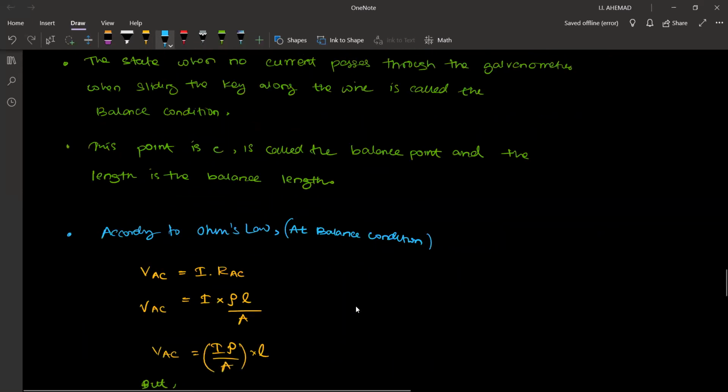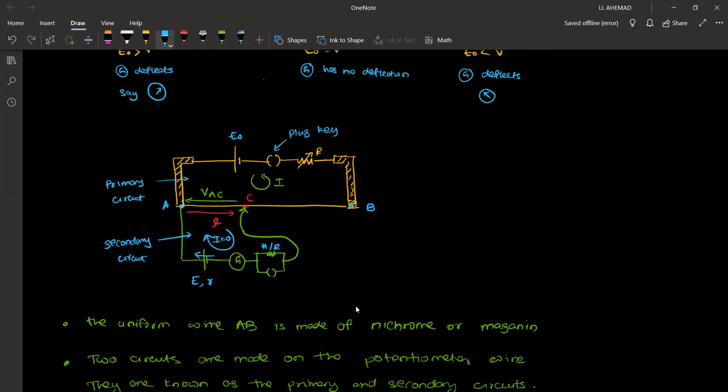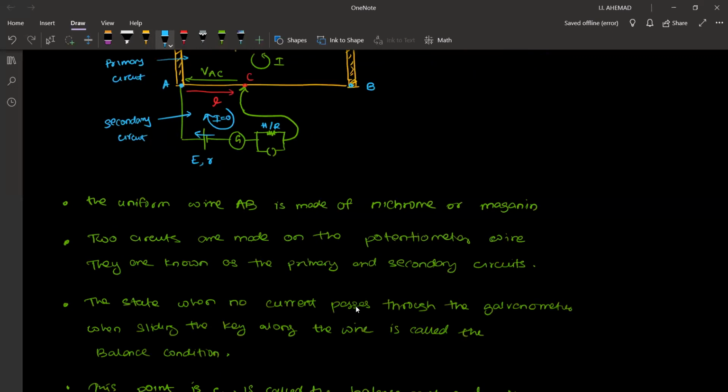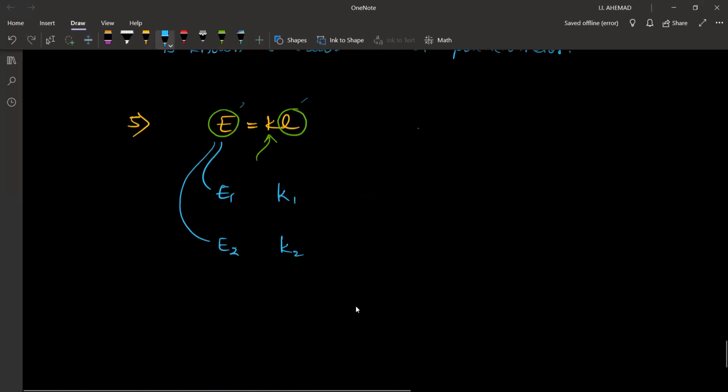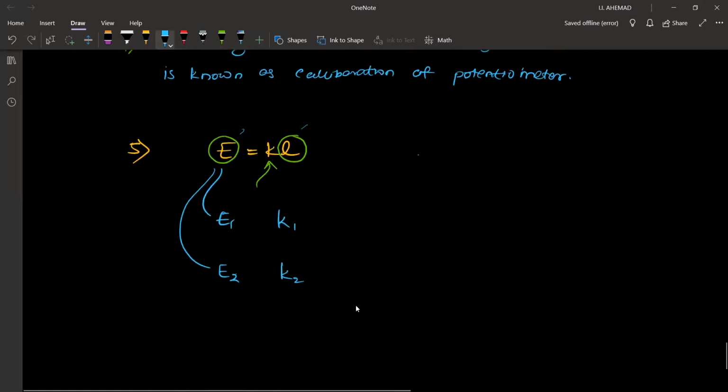Can you remember? The cell quickly discharging, or they don't have a uniform, constant current. We have certain problems like that, okay? The EMF doesn't remain the same for a long time. So we have to go with a standard cell. We have to use a standard cell.